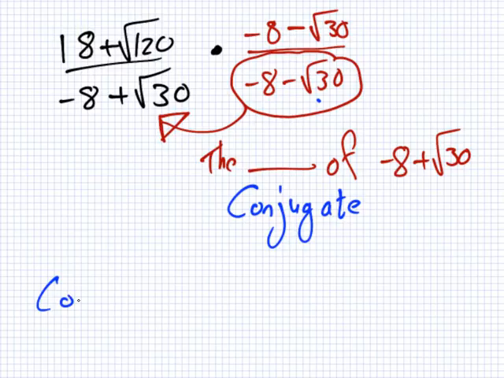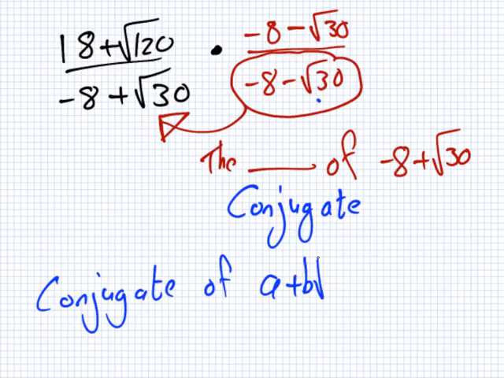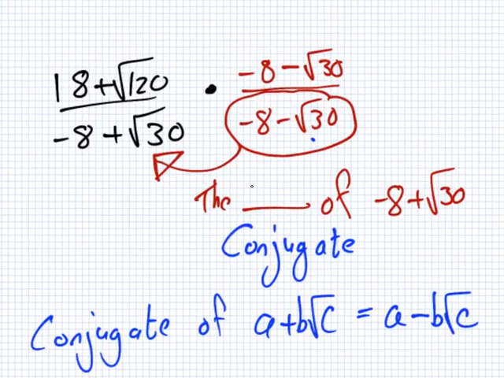So in other words, the conjugate of A plus B root C is A minus B root C. Okay. And there's this trick here. We'll simplify it, I'll show you in a moment.